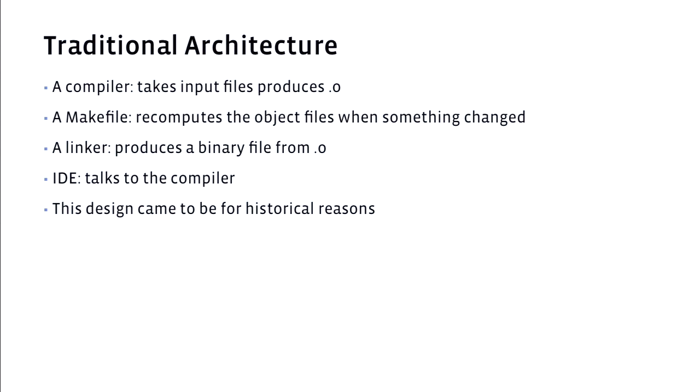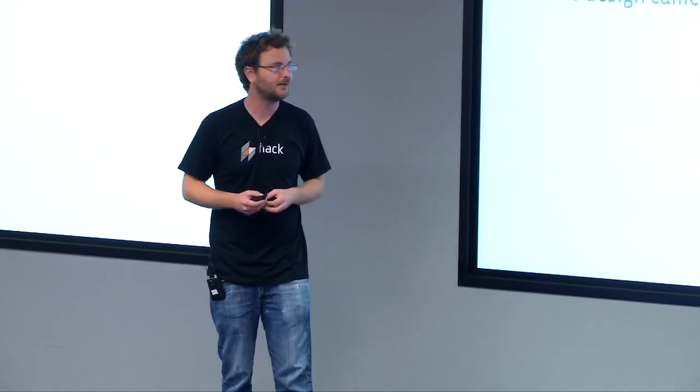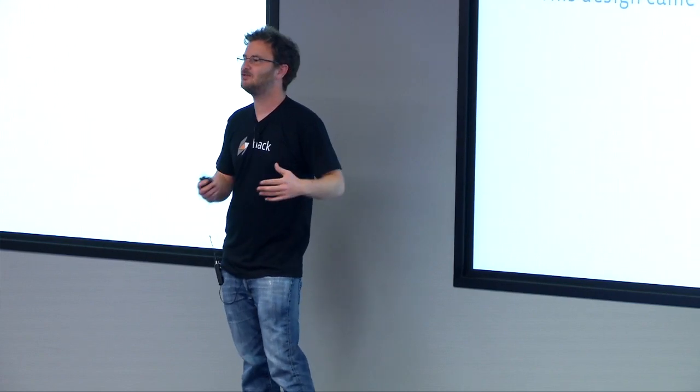And when there is an IDE, traditionally the architecture is that the compiler lives on one hand, the IDE on another. They either talk to each other through some way, or the IDE tries to re-implement heuristics that approximate what the compiler is doing in terms of type checking, to know what the type of things are, for example. This design, when you think about it, is a bit strange, right?